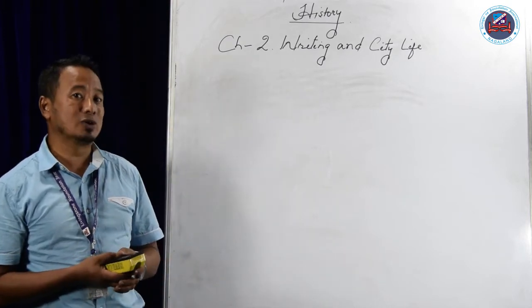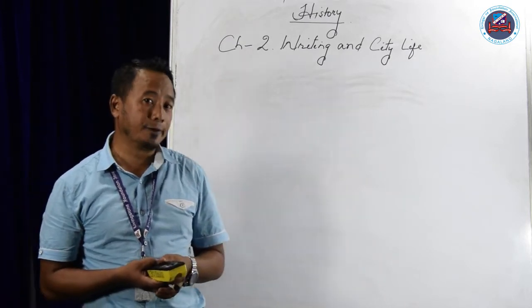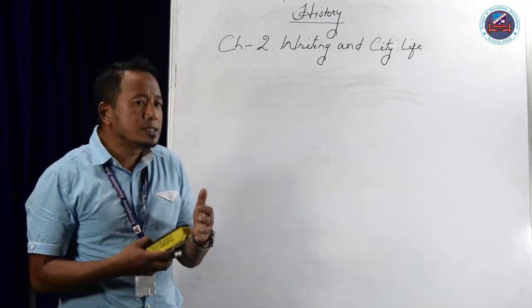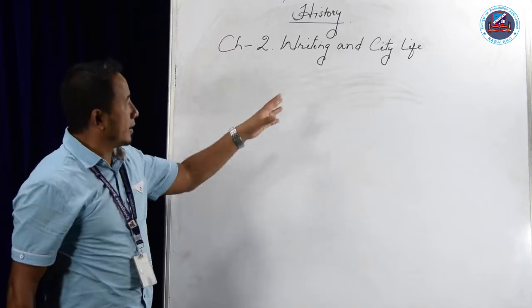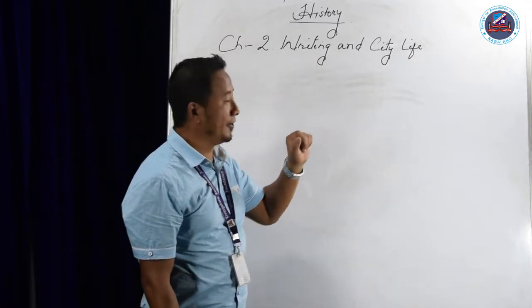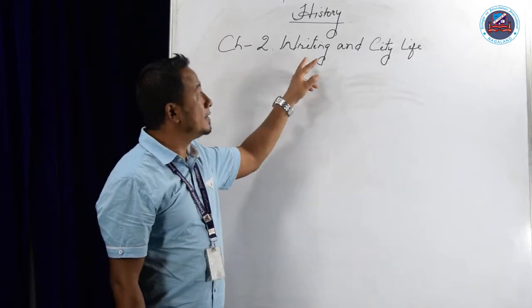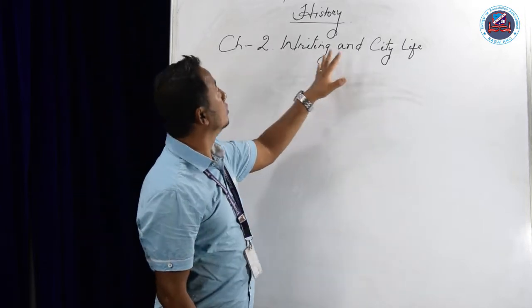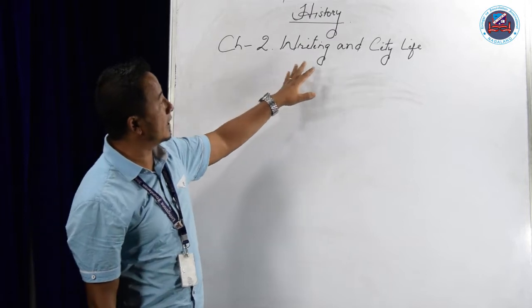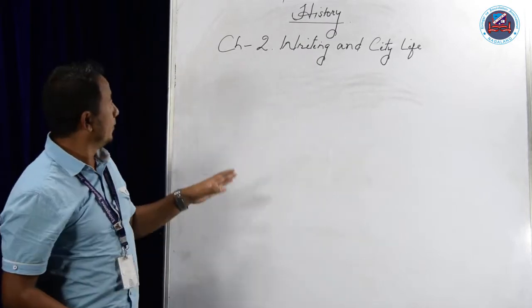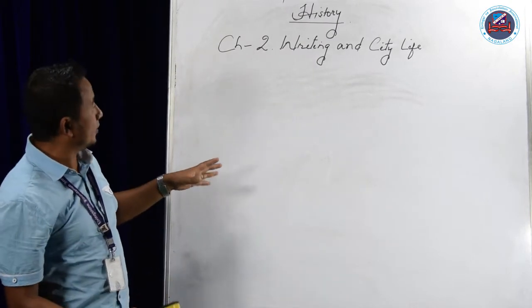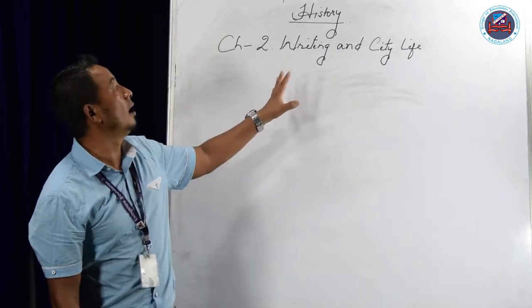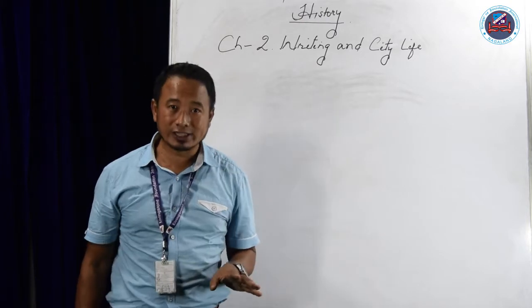That is why it was believed that writing first started in the city. What is the connection between writing and city life here? That is why the topic of the second chapter is Writing and City Life, because they are very closely connected.